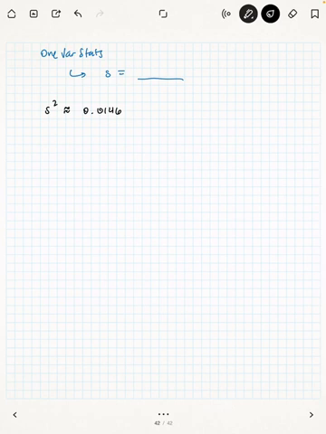This is in dollars squared, which makes it hard to interpret in terms of the data set itself. It's hard to compare the variance to the raw data.